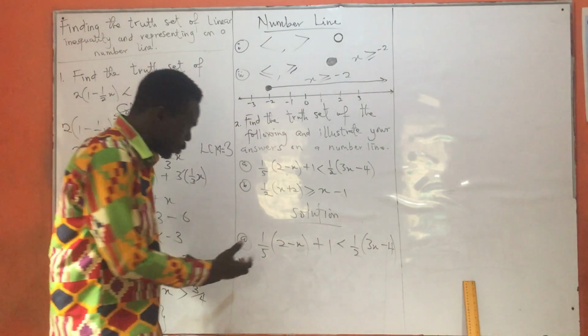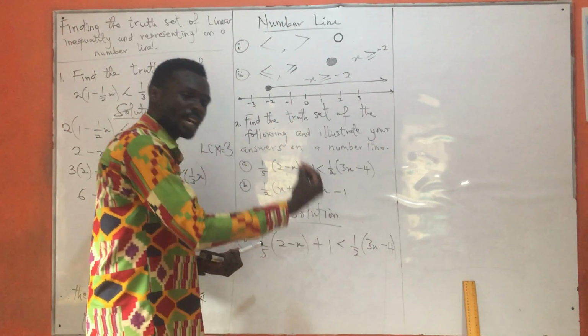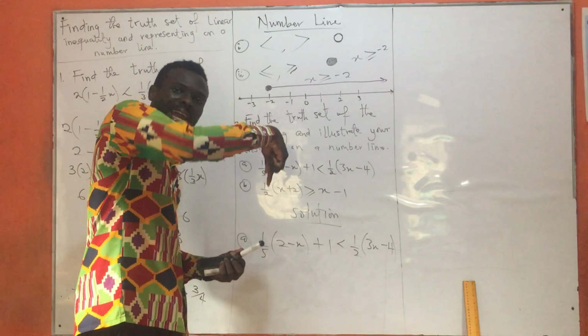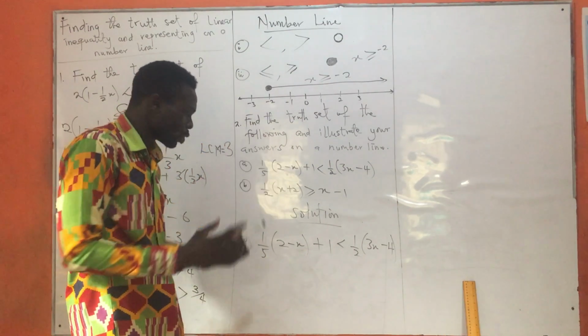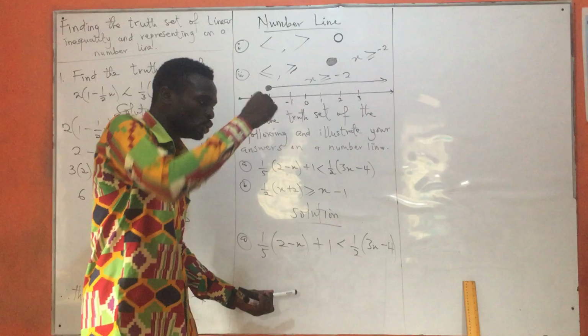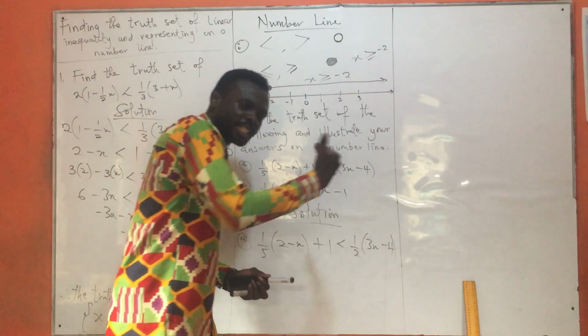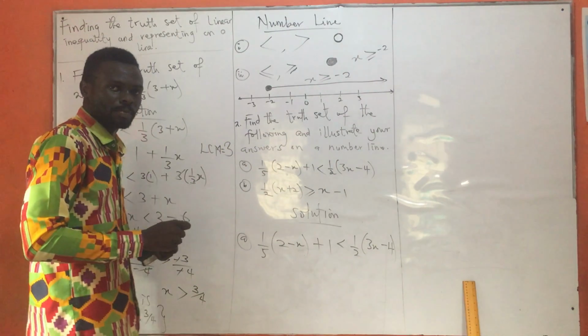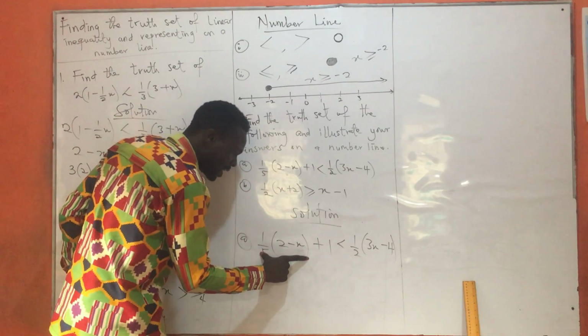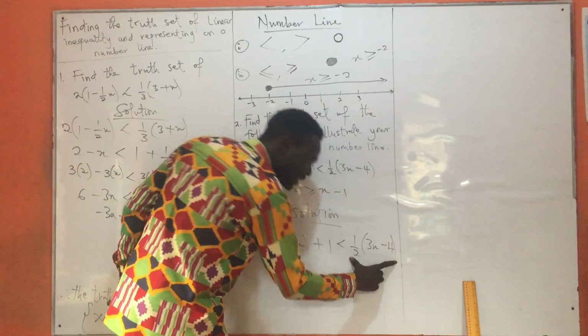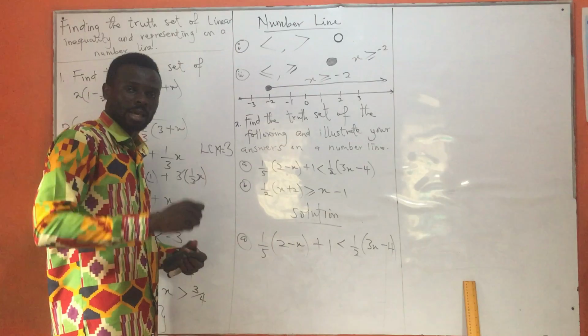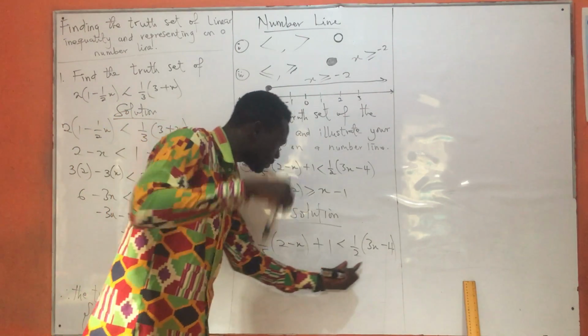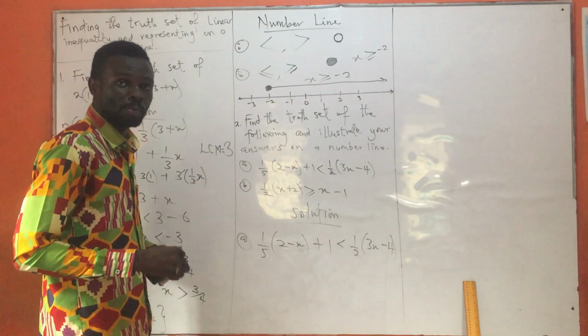With this question, the fractions are outside the bracket. So we can find the LCM, know the number of terms, and multiply each term by the LCM. How many terms do we have? We have 1, 2, 3 terms. What will be our LCM? The denominators are 5 and 2, so the LCM will be 10.